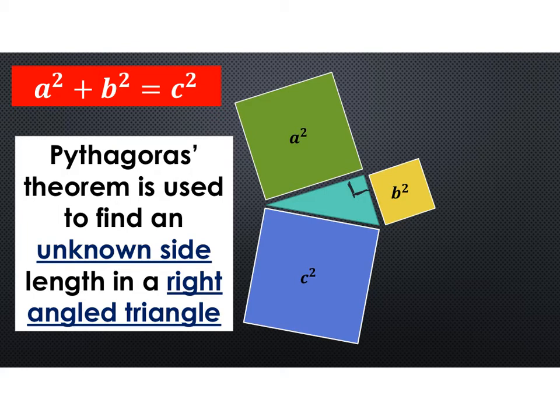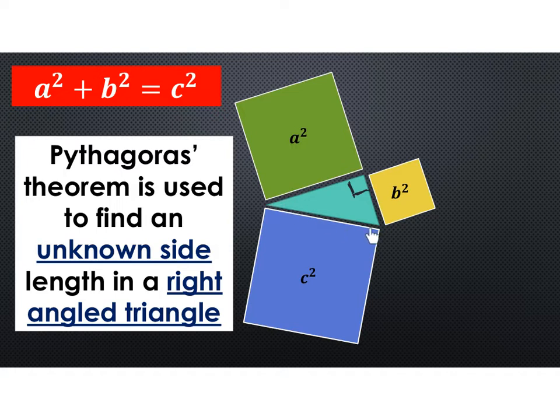So, if I have a look up here at my Pythagoras' theorem formula, I just want to quickly go through what it means and why it works using this visual example here. So side length A and side length B, they are always my shortest two sides.